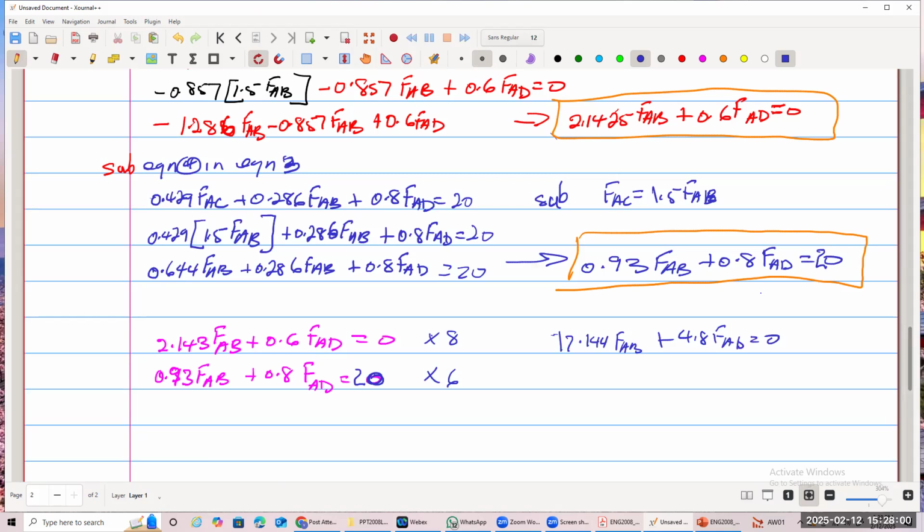Sir, 8 or 0.8? 0.8. So you say multiply the top one by 8 and the bottom one by 6. Yes, that's what I said.